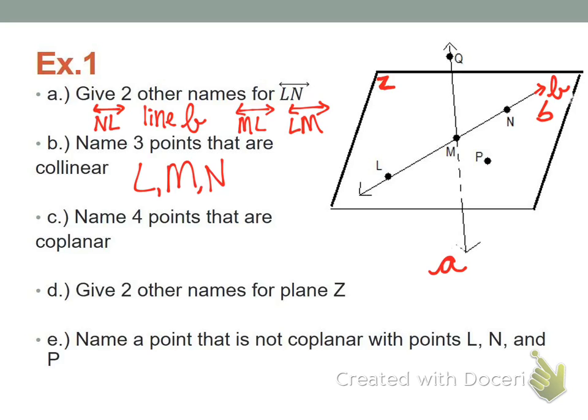Otherwise, you are technically talking about other geometric objects like planes or other figures. So if you would put QMA, A is technically not a point. It doesn't have a dot by it, so that's why that one doesn't work. So LMN is our only option for 3 collinear points.